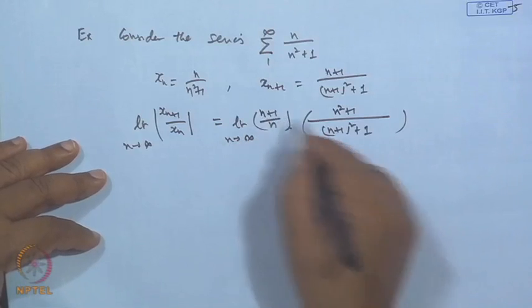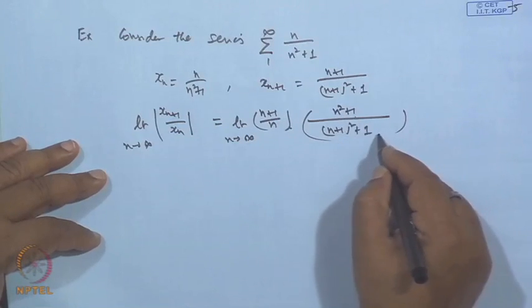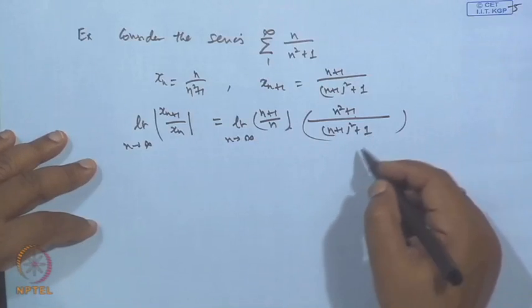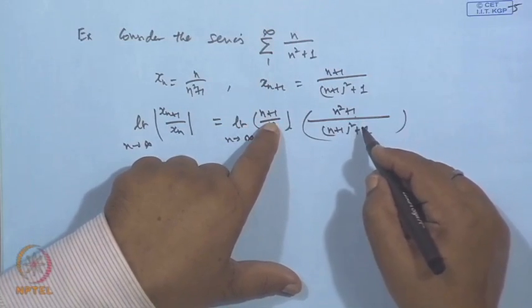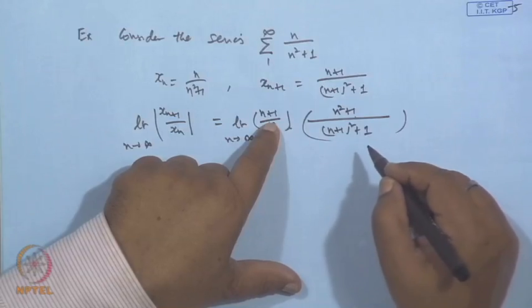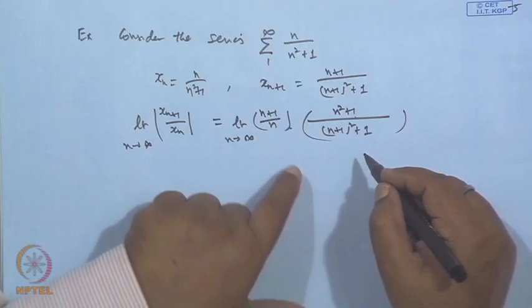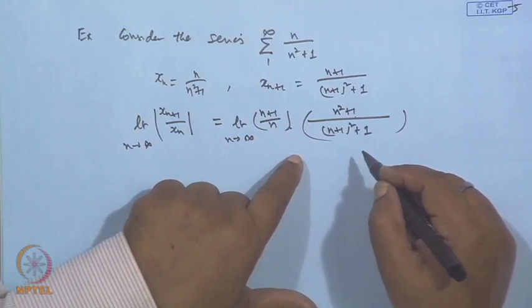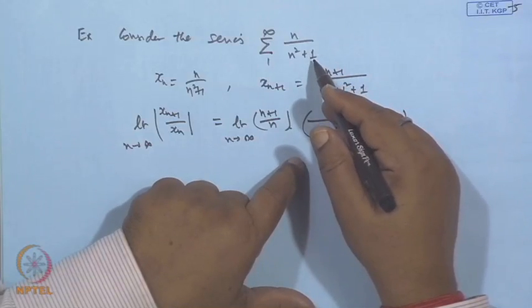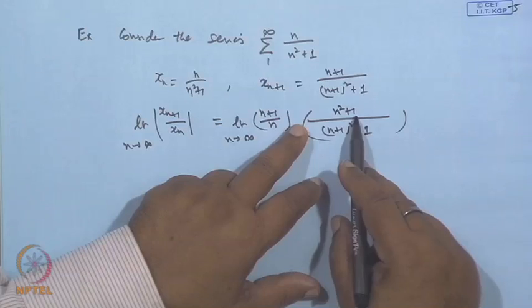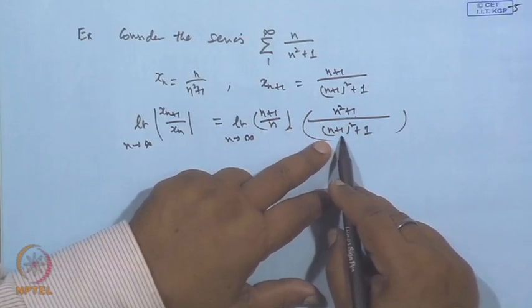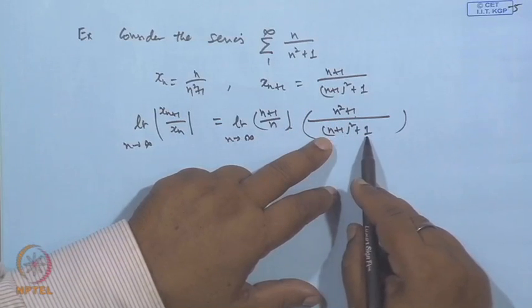Now, the limit of this is 1; again when you divide by n square, the limit will come out to be 1.